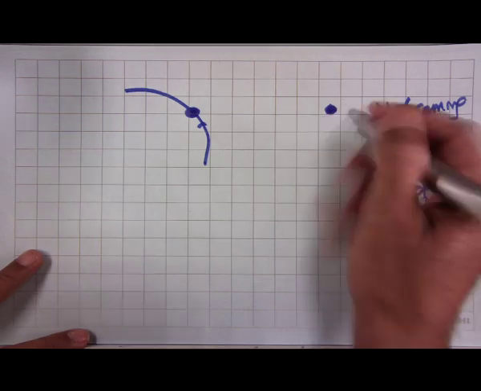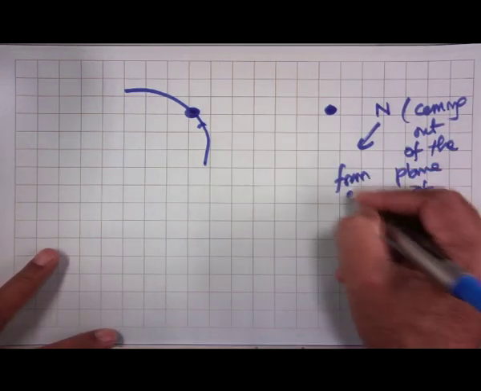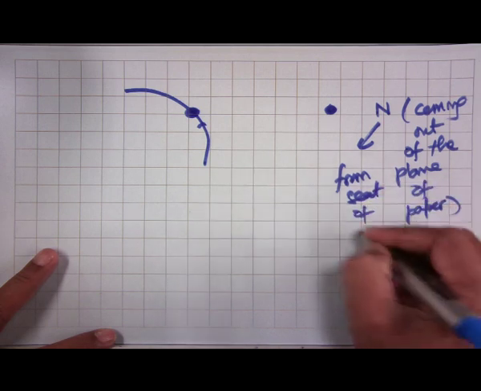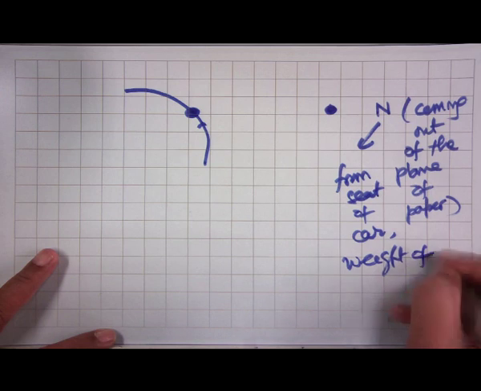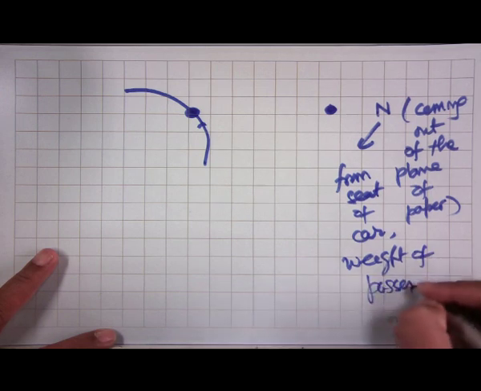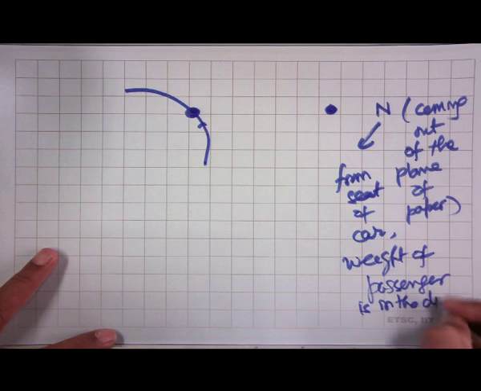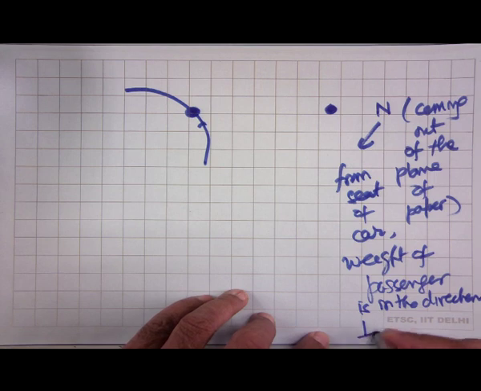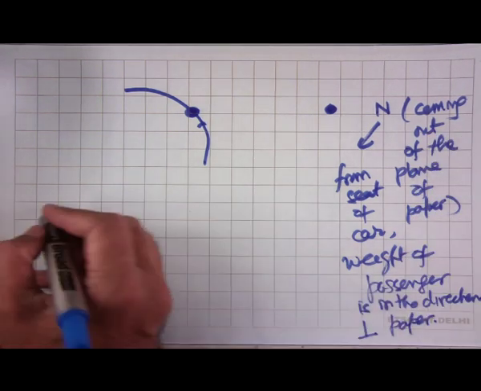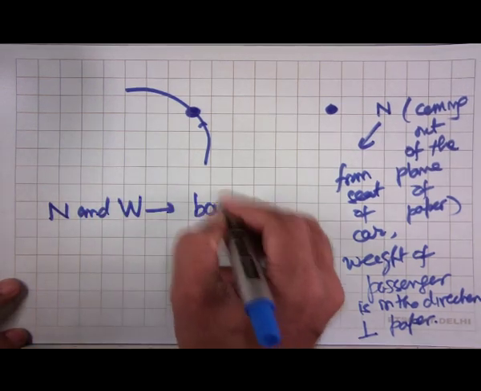The passenger is sitting down, a normal reaction, this is from the seat of the car. The weight of the passenger is in the direction perpendicular to the paper, and normal reaction and weight, they balance each other.